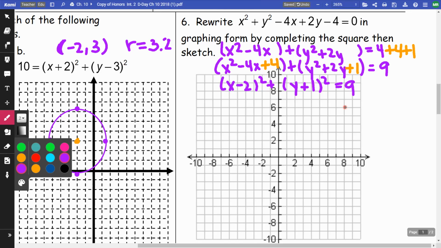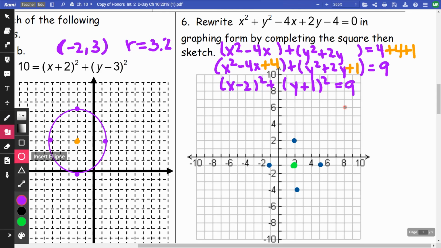And then they want us to graph it. So the center of my graph is going to be at 2, -1. And then from there, we're going to go out 1, 2, 3 in each direction. And we have our circle.